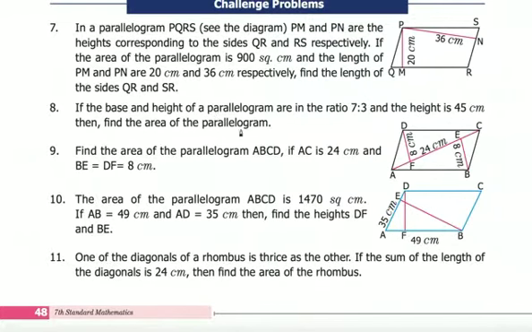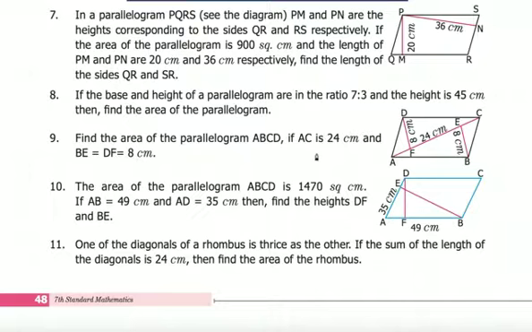So let's solve this problem. AC is 24 cm and DF is equal to 8 cm. Find the area. It looks quite complicated, but it's a very silly problem. See, now this diagonal makes this parallelogram into two triangles.